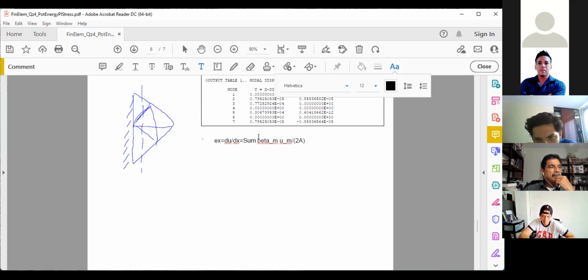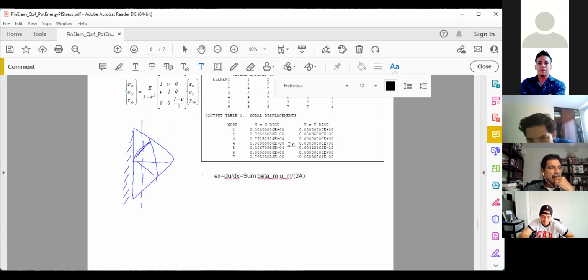So we need beta, we need u. What is u? That is the deflection in the x direction that you have here. You need to calculate beta, but some of the betas are 0. So some of these terms are going to be 0, and that's it.